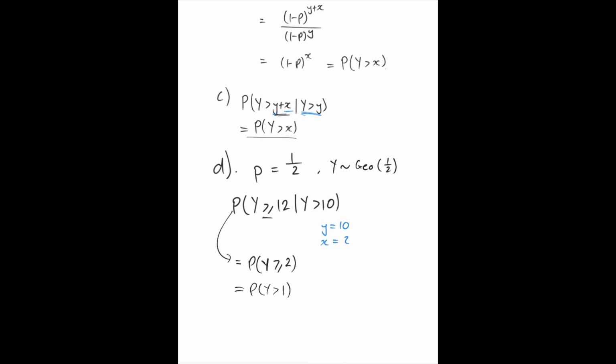And we can use what we calculated in the first part. And so this is equal to 1 minus our probability p, which is 1 on 2, raised to the power of x, or in this case 1. And what we end up with is a half. Okay, so that's an application of our memoryless property.